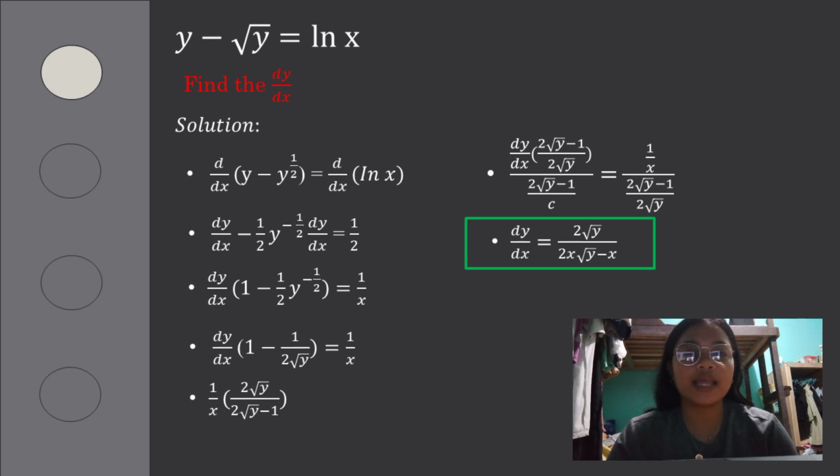So, naay pareha nga term diriya and we need to cancel them to get dy over dx. So, the result will be dy over dx equals 2 square root of y over 2x square root of y minus x. So that is the answer.